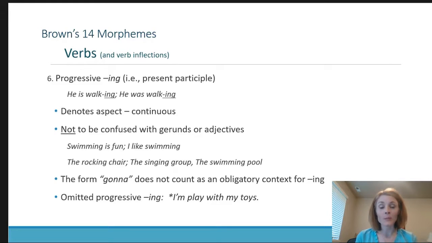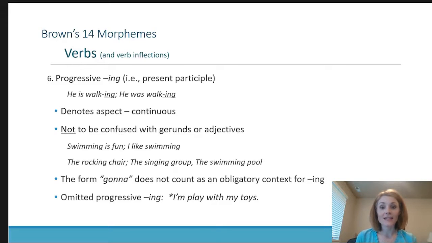So the tense would be whether the verb occurred in the past or present or future, whereas the aspect would indicate whether the action was ongoing or has been completed. And we will talk more about tense and aspect in the next module.